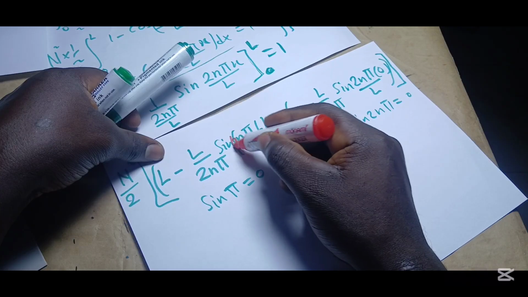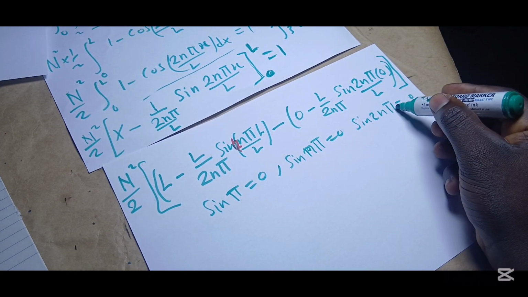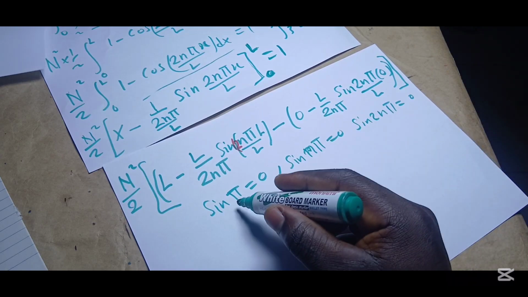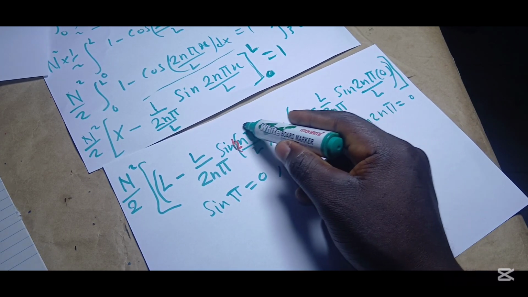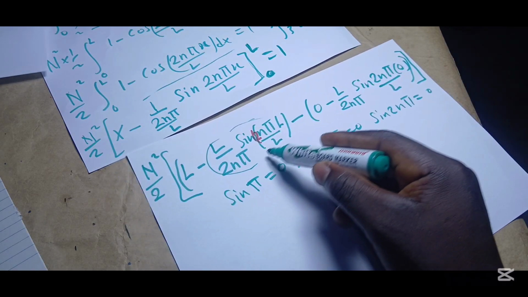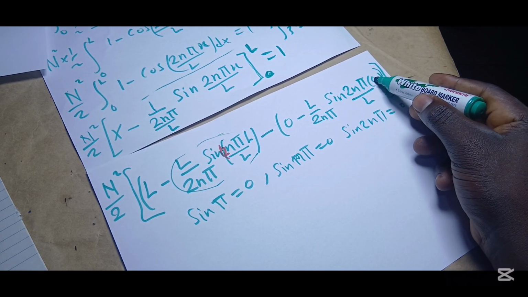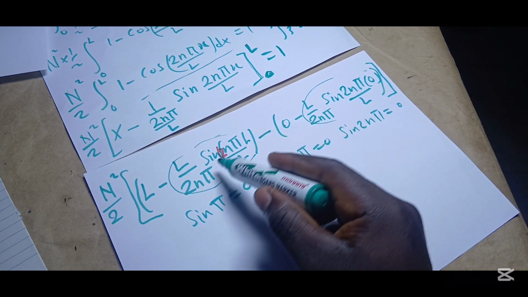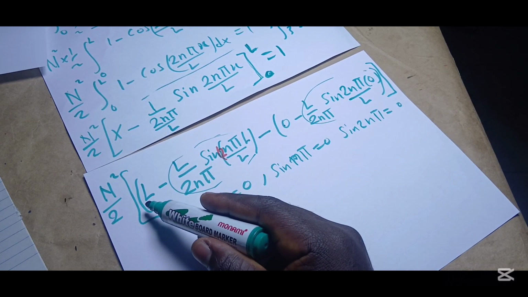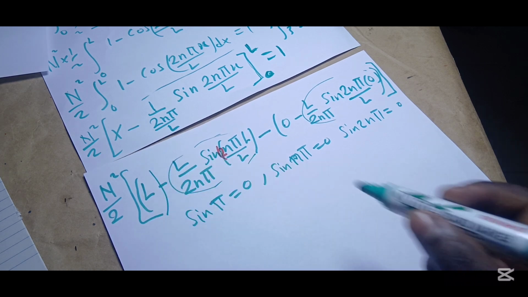So there is 2 here. So sine 2n pi is 0. Sine n pi is 0. Sine pi is 0. We have sine 2n pi here. Definitely, this whole term will go to 0. And we have sine 2n pi here multiplying by 0 again. So this whole term will go to 0. 0 will have no effect on anything here. So we are left with L here.